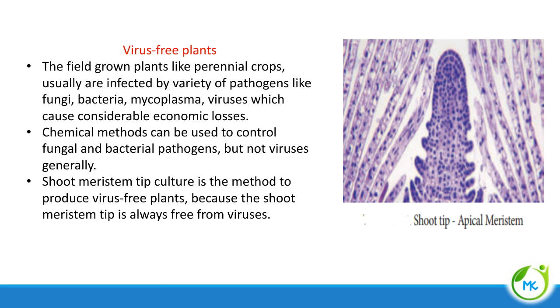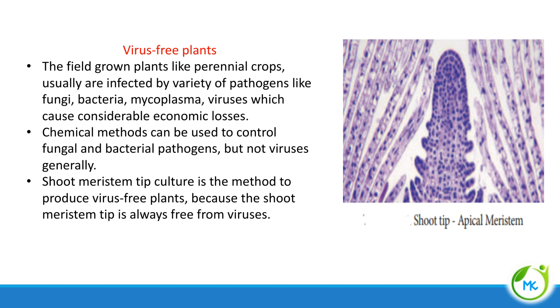The next topic, virus-free plants. So we know that crops can be infected by a variety of pathogens like bacteria, fungi, mycoplasma, viruses, etc. And when they are infected by pathogens, it will lead to economic loss. And when chemicals are used to control these pathogens, they are effective only against the fungi and bacteria, but not against viruses.